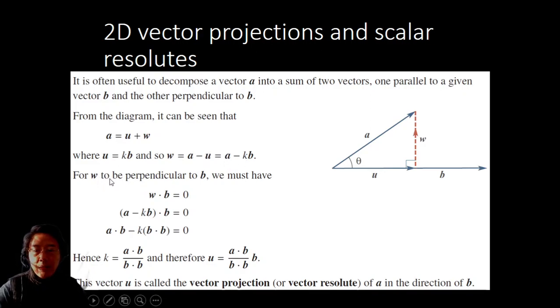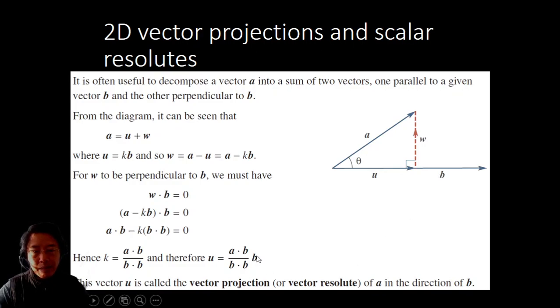As w will have to be perpendicular to B, we write the dot product, we do a substitution and expanding, and then we can determine the coefficient k, and then we have a nice expression of vector u, which is the component which is parallel to B.